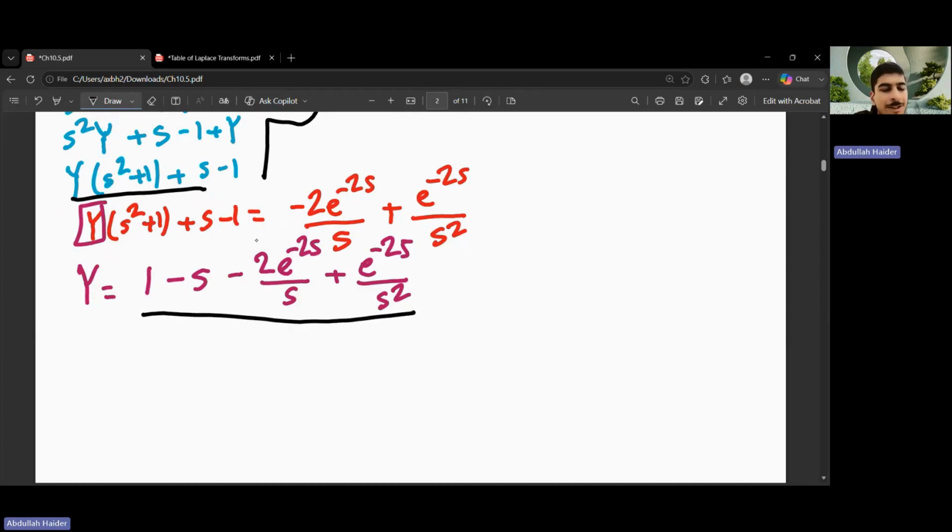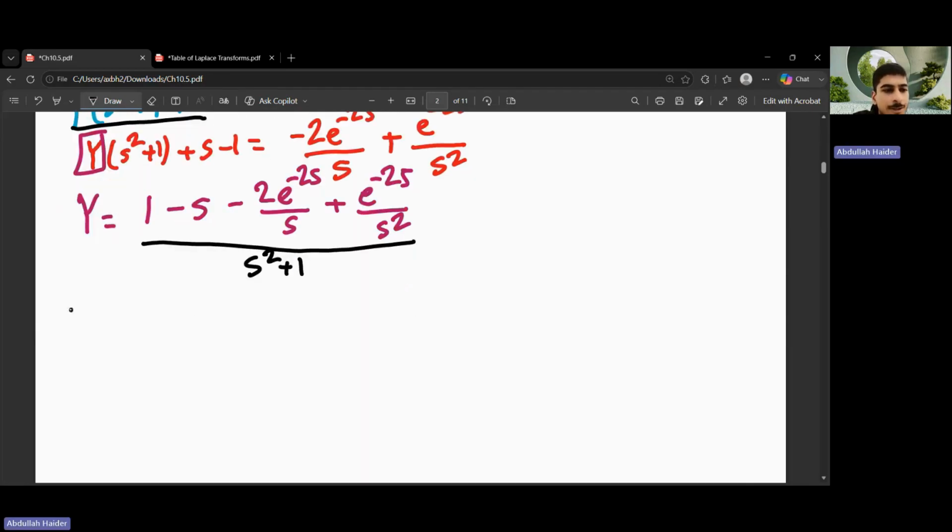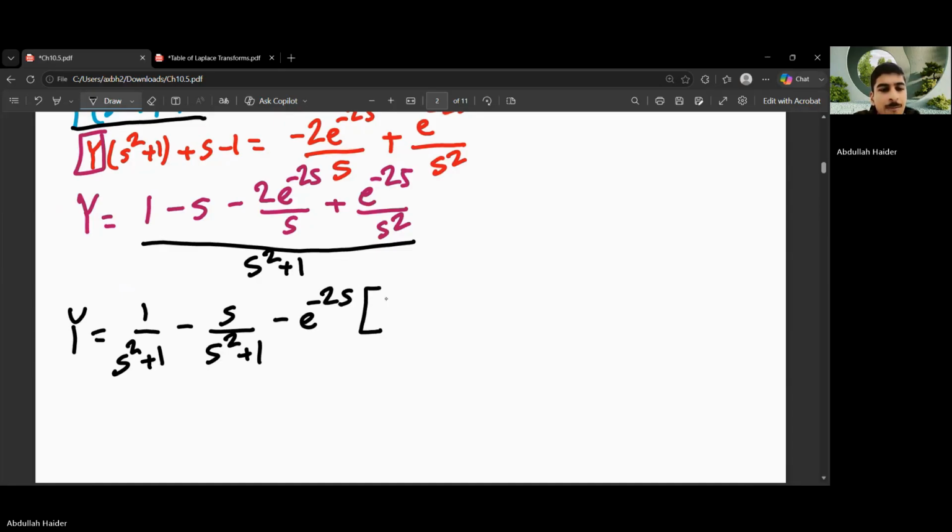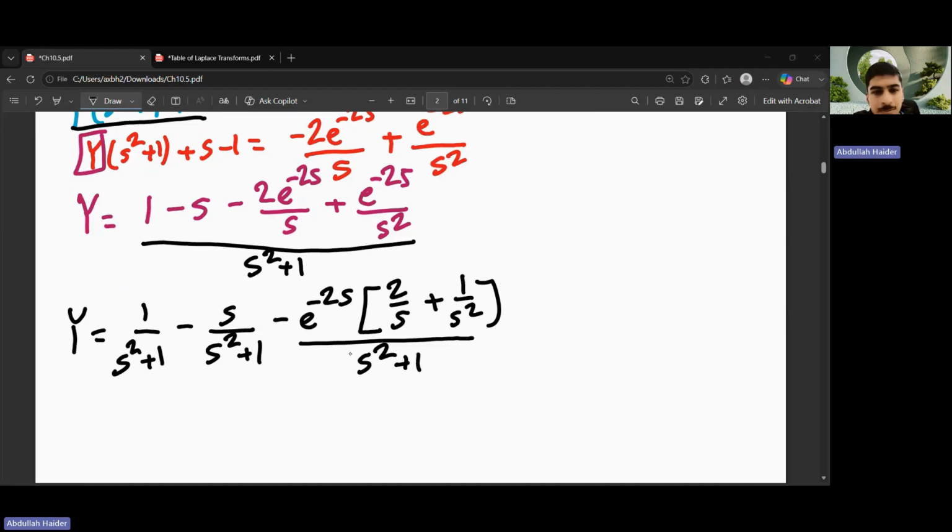So the whole thing will be divided by s squared plus 1. I can write this as 1 over s squared plus 1 minus s over s squared plus 1, minus e power minus 2s times 2 over s plus 1 over s squared, over s squared plus 1.